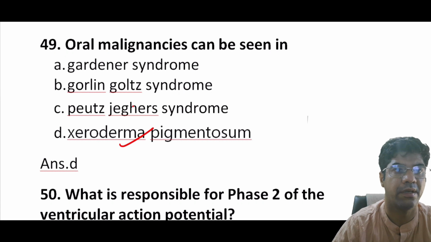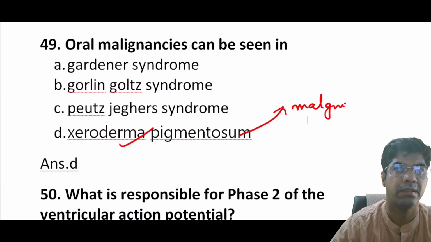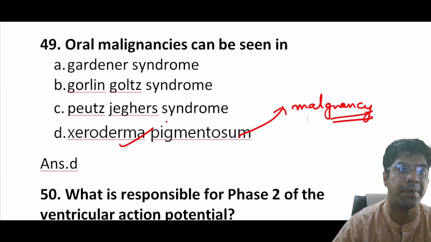So they have increased risk of developing ocular lesions and they are prone to develop malignancies. So that is why your answer is xeroderma pigmentosum.